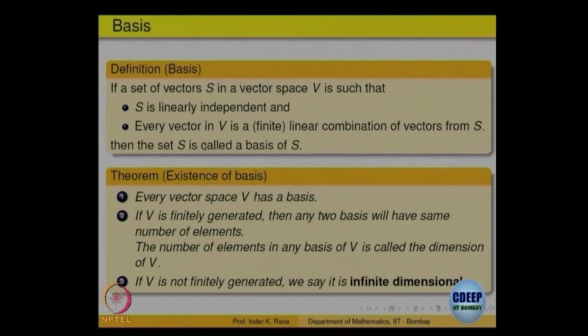So, finitely generated implies that any two bases will have the same number of elements, and that is called the dimension of that finitely generated vector space. If it is infinitely generated, we say it has infinite dimension, it is an infinite dimensional vector space. So, in vector spaces there are finite dimensional and infinite dimensional ones, right.